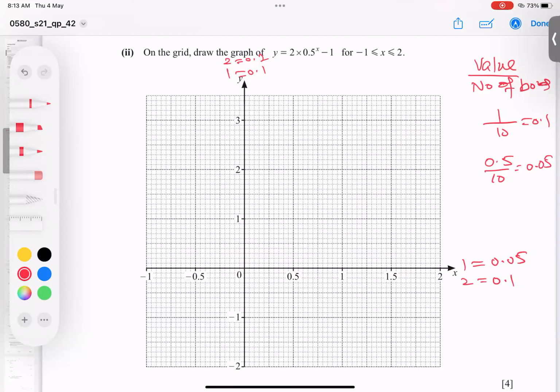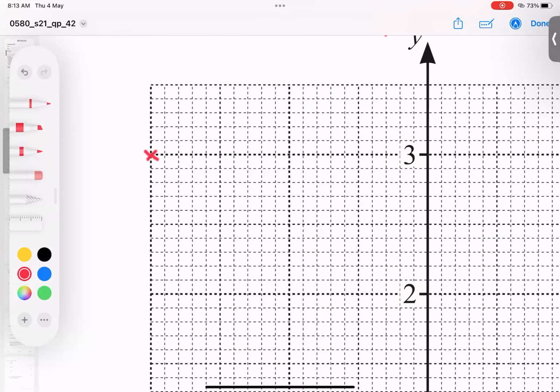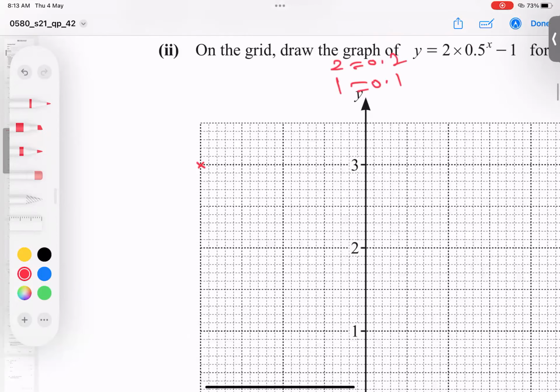I hope so. Up till here, no problem. So this is negative 1, negative 3. And negative 1 is here, and plus 3 is here. So here and here, they meet here. So it means that we can find this number easily. Let's go for the next point.